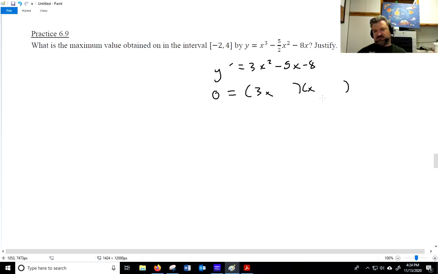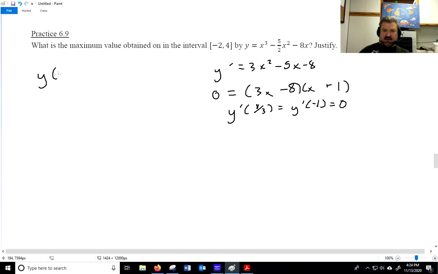Let's see here. 3 times 2 is 6. Let's do 8 and 1. So we'll do a -8x and a plus 3x. Makes -5x. Okay. So y prime of 8 over 3, when you solve that equal to 0, is equal to y prime of -1, which is also equal to 0.